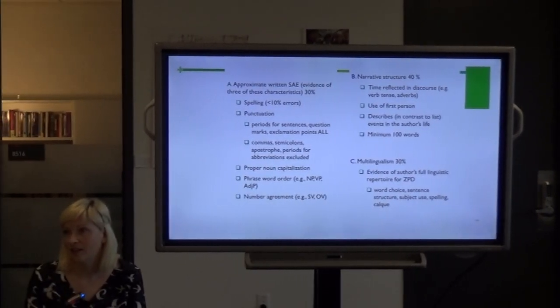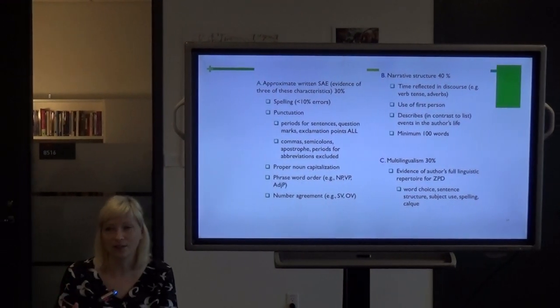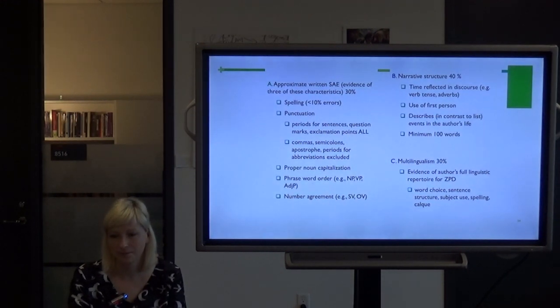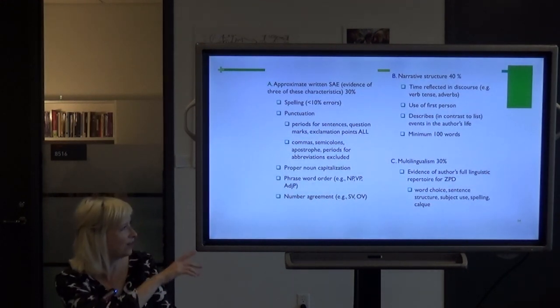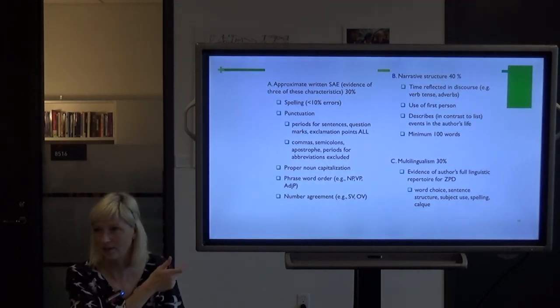We were still not sure how to assess multilingualism. As you can see, it's very all over the place in terms of what counts as multilingualism, giving them credit for being multilingual in their writing.